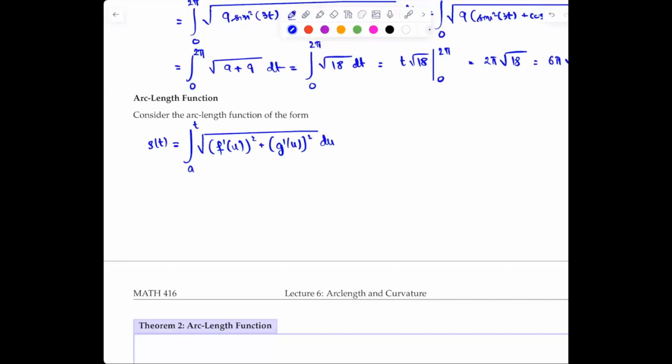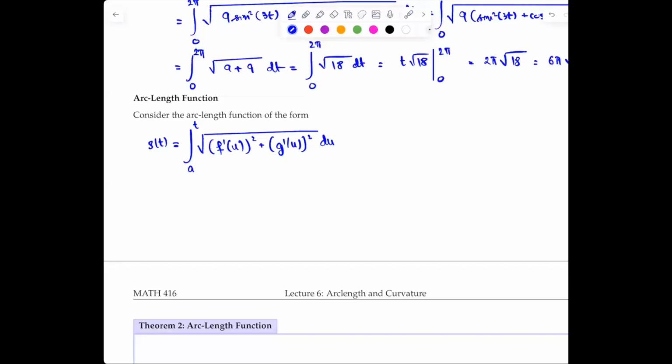All right, so I want to make the formula a little bit shorter. So let me consider this. This is the vector valued function of the form f of t, comma g of t. You're okay with this. This is the vector valued function, two-dimensional case.